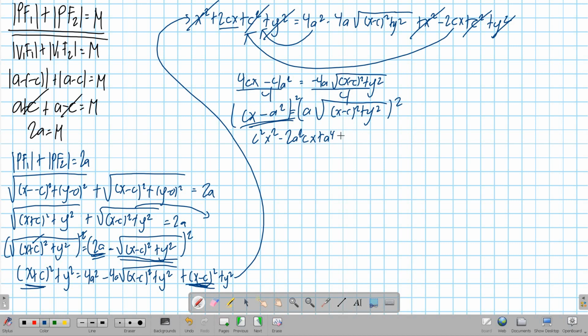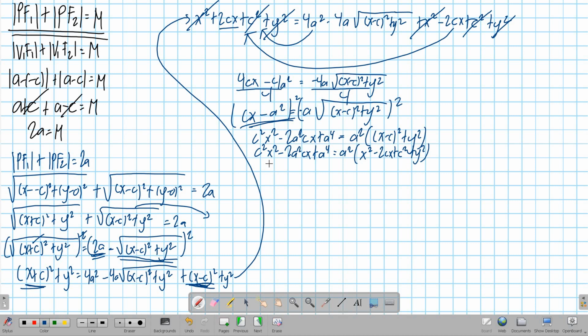The square of the right side is, this is supposed to be negative a, so the square of negative a is still a squared, times (x minus c) squared plus y squared. Before I distribute a squared here, let's expand this. The left side just remains the same, plus a to the 4th is equal to a squared multiplied by x squared minus 2cx plus c squared plus y squared.